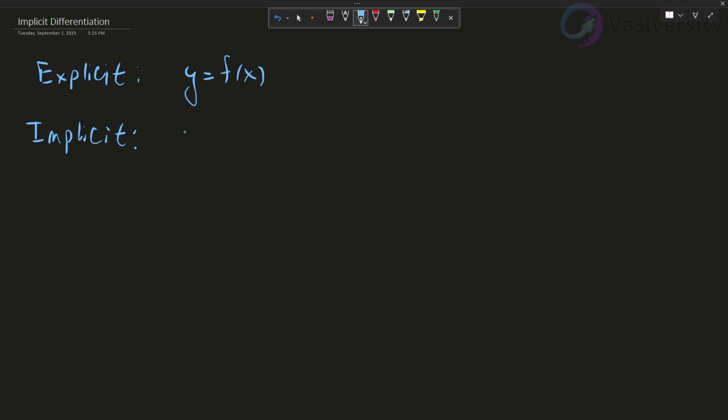Implicit functions are those functions where y is not isolated, where y is equal to f of x, y. Let me give both examples. We have y equal to the square root of x cubed plus 1. This is an explicit function.